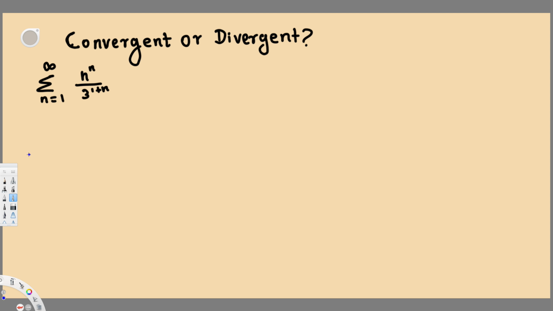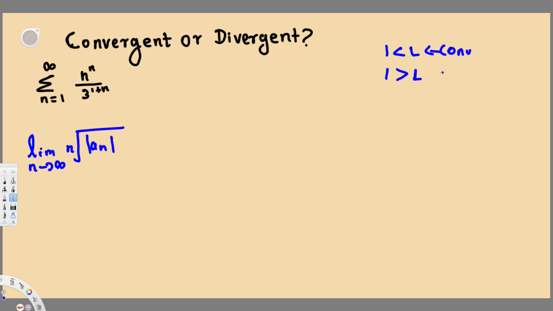So the root test says when we take the limit as n approaches infinity of the nth root of the absolute value of this one, and if it gives less than 1, if the limit is less than 1, this converges, and if it's greater than 1, it diverges.